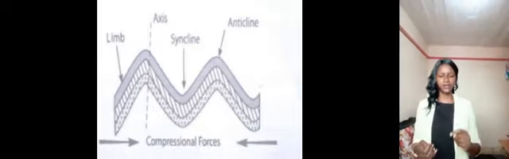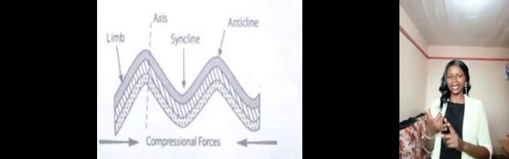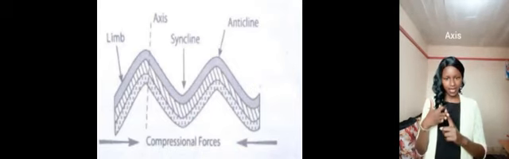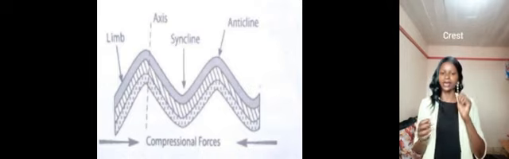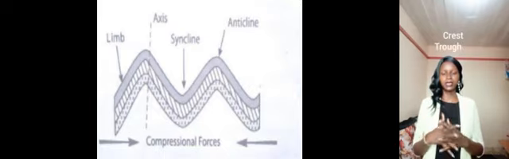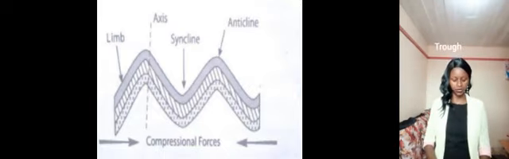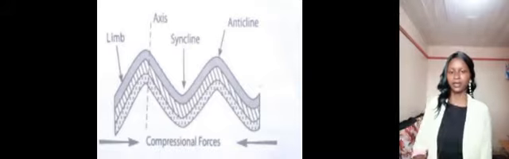So we have several terms we're going to talk about: anticline, syncline, we also have the term axis, another term that is limb, we also have crest, and finally trough. So we have various terms which we need to know when we talk about the process of folding.